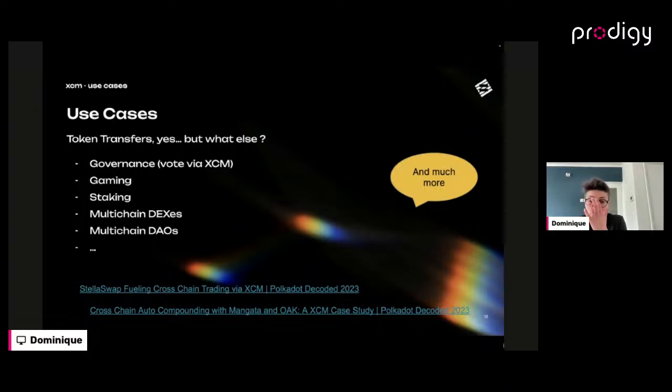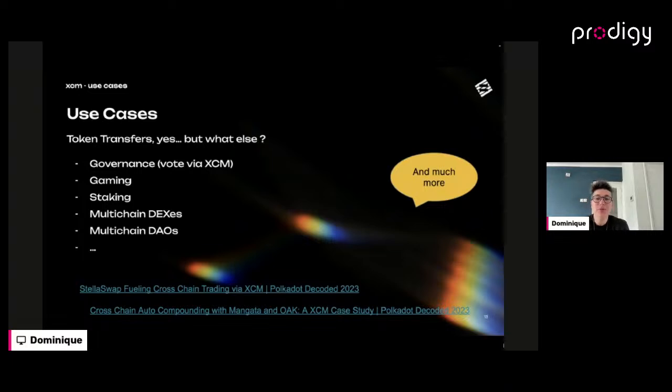There are cases which are quite interesting. I also highly recommend looking at them, because even if I tried, I wouldn't be able to describe these cases. Multi-chain DEXs or multi-chain DAOs. There are some examples in Polkadot Decoded, like the ones that I mentioned here, of Teleswap, and they do cross-chain trading, but also cross-chain auto-compounding. It's quite interesting.